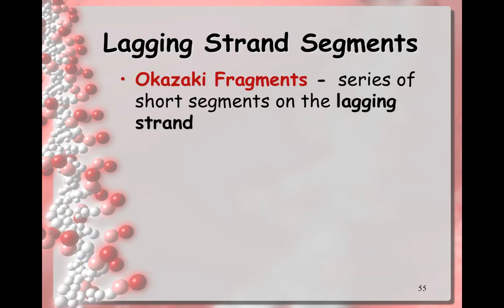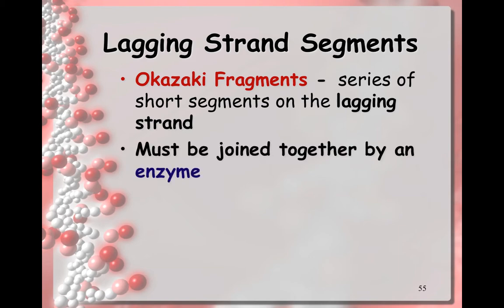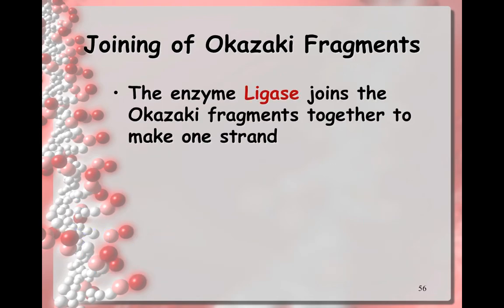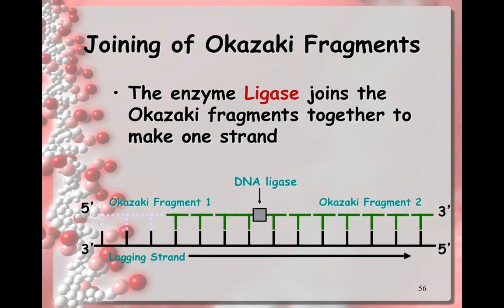Okay, so the short segments that are created on the lagging strand, we call those Okazaki fragments. So I would put that in your notes there. And they have to be joined together by an enzyme. And we call that enzyme ligase. So ligase brings those Okazaki fragments together to make one strand.